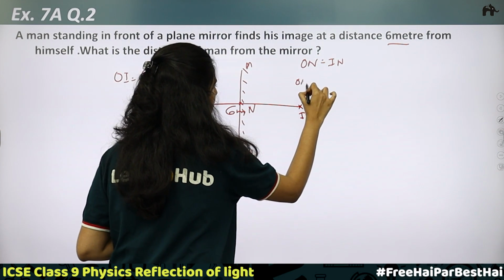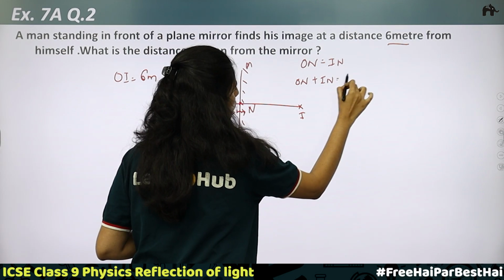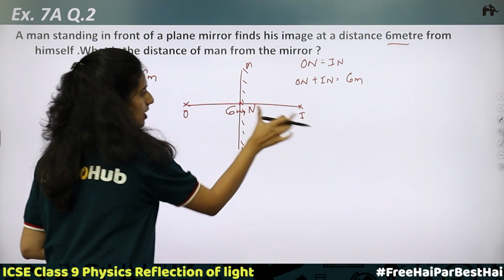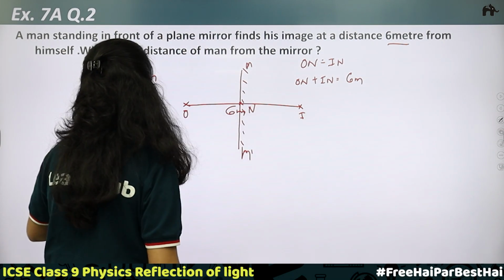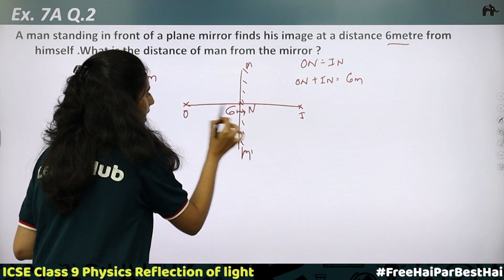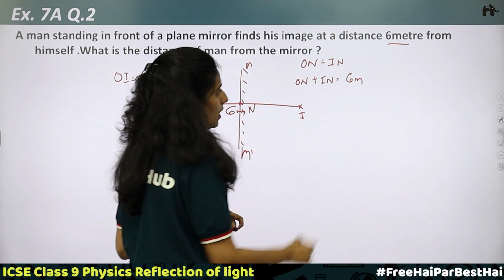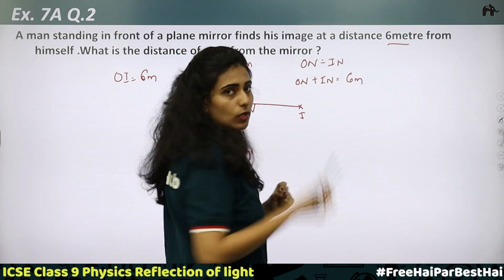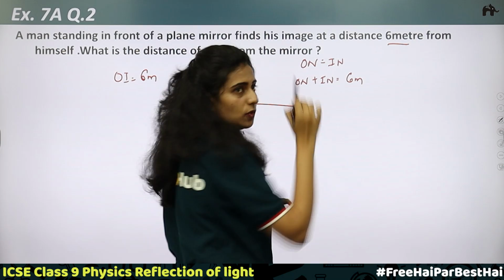Also, ON plus IN will be equal to 6 meters. This total distance is 6 meters. We need to find the distance of the man from the mirror, which means we have to find what ON is. We have ON plus IN is equal to 6 meters and IN is equal to ON.